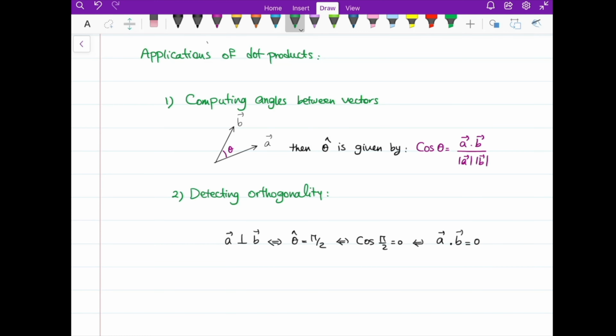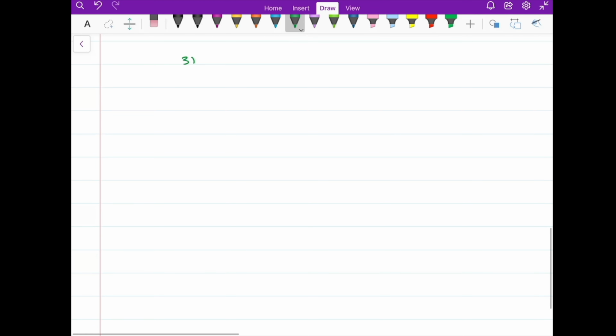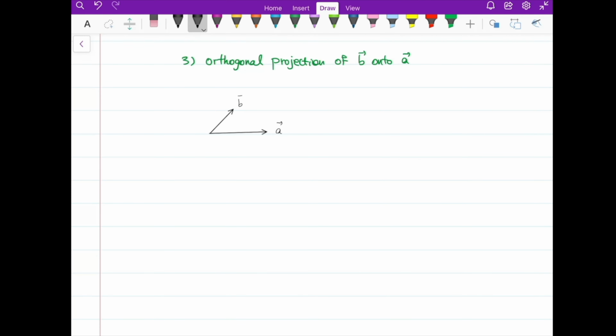Then the third application is to find the orthogonal projection of a vector B onto a vector A. Assume that I have a vector A here and another vector B here.